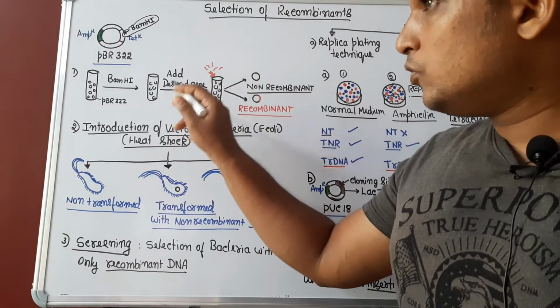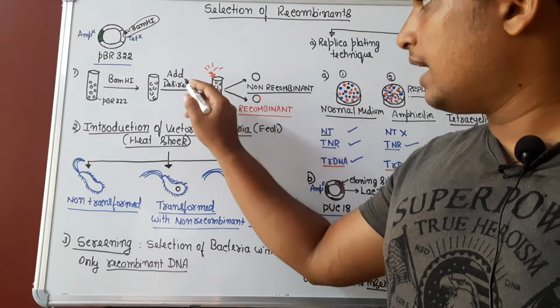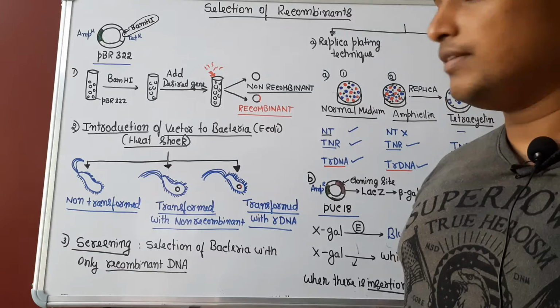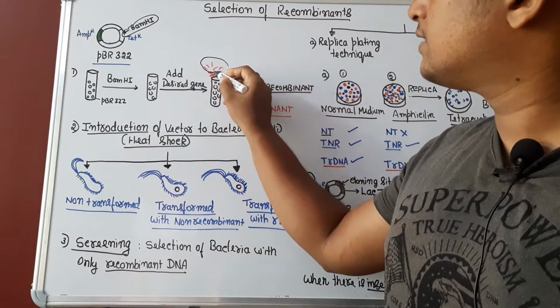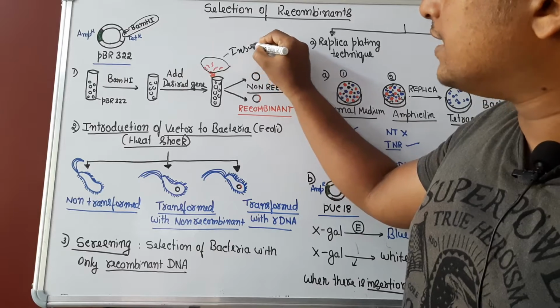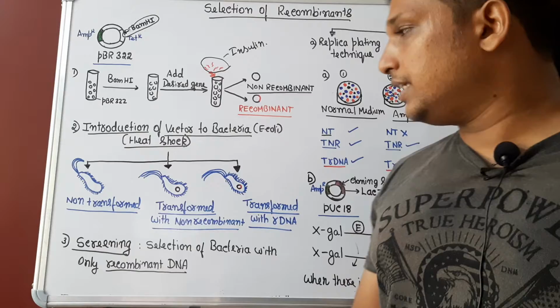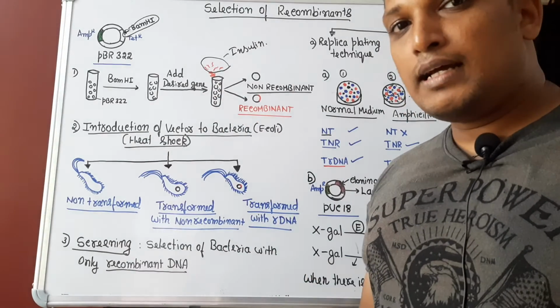Now to that pBR which is having a cut, add your desired gene or gene of interest. You can call it foreign DNA. You can take the example of, let us say, the insulin gene. Take the insulin gene as a foreign gene, add it.